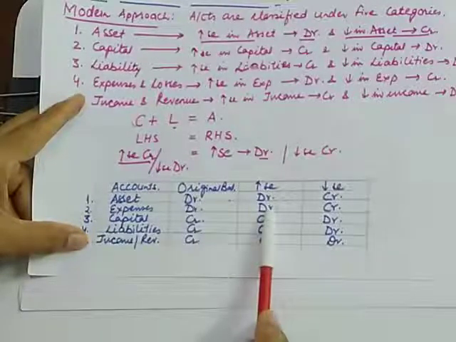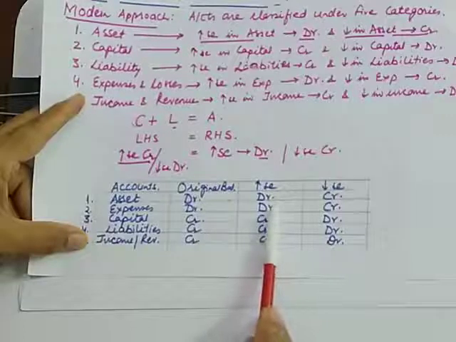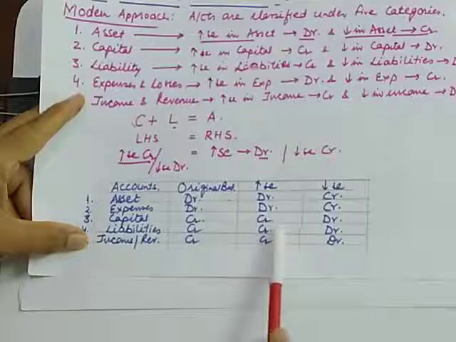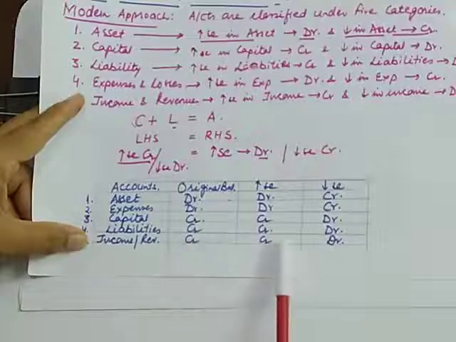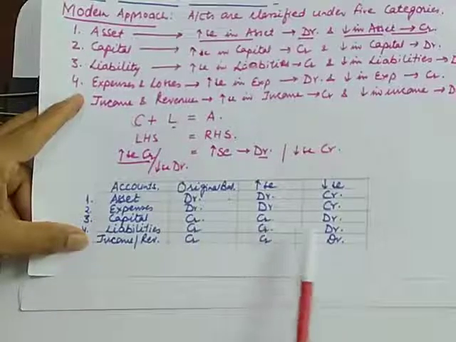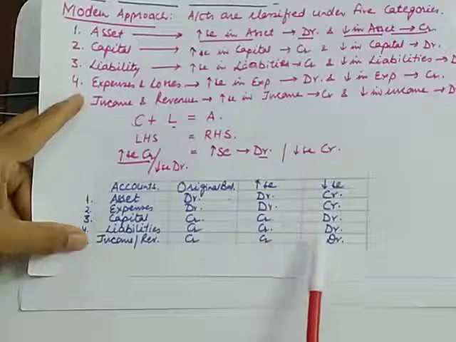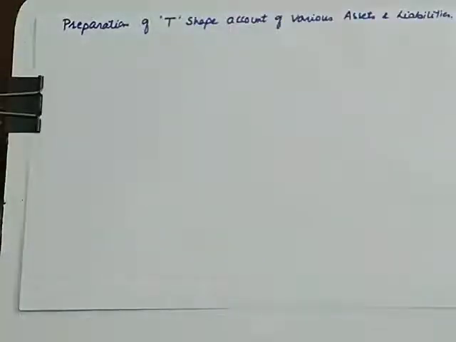To increase expense, debit expense. Capital increase means credit, liability increase means credit, and income increase means credit. And the reverse process will be followed for a decrease in all these things. So today we'll be learning the T-shape account of various assets and liabilities.